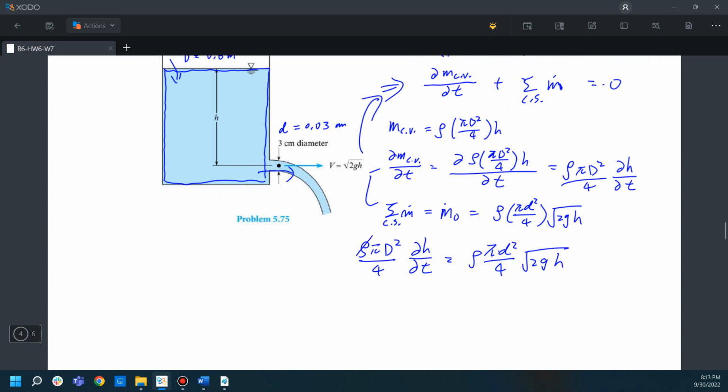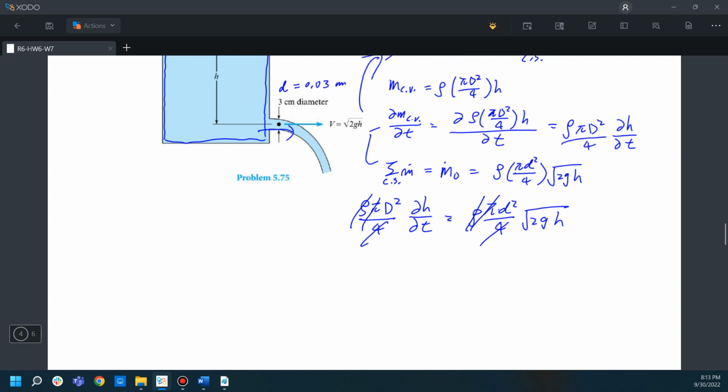Okay, let's cancel the common parts at both sides. And we want to integrate over this ∂h and ∂t, so we use the method of separation of variables, which we put the h term to the left hand side and put the rest of the terms to the right hand side.